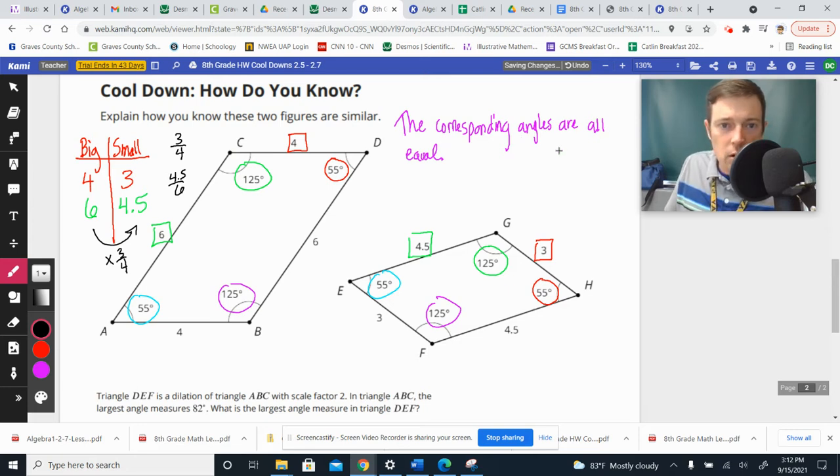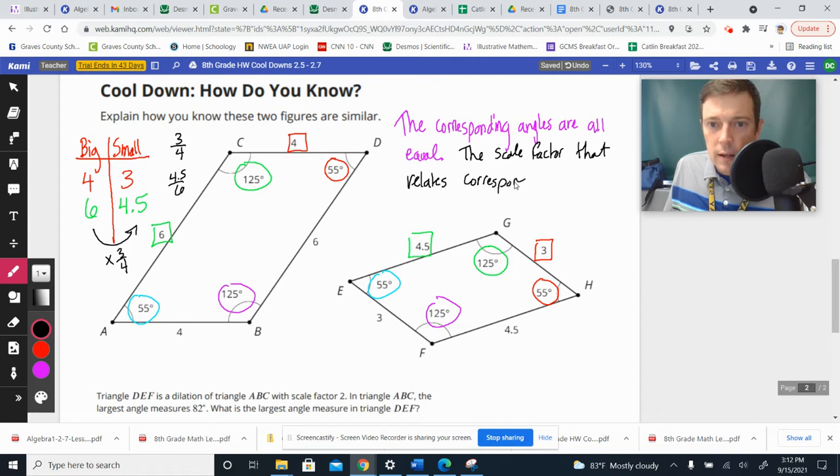The corresponding angles are all equal, and the scale factor that relates corresponding sides is 3/4. With the angles being equal to each other and all of the sides being multiplied by a common scale factor, that proves that they are similar to each other, because it can shrink and it can be rotated and translated over to match the other one.